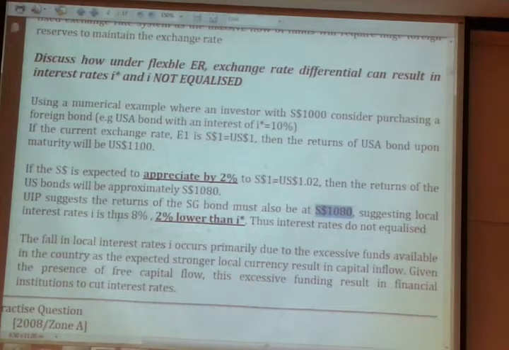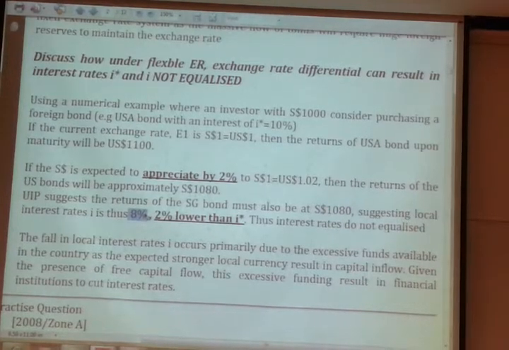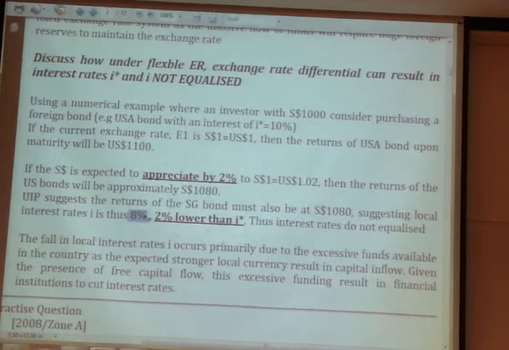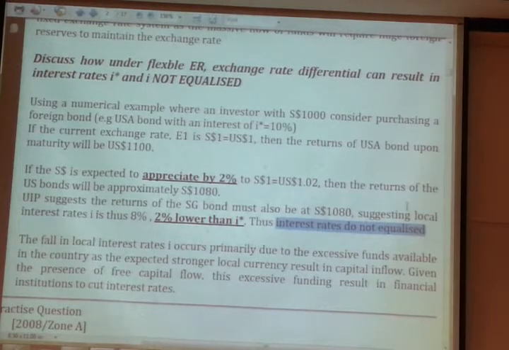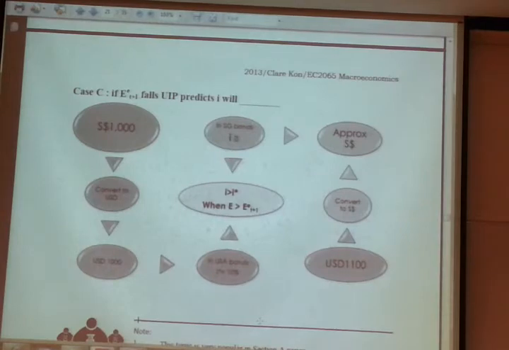Therefore, the interest for the Singapore bond must be 8%, which is exactly 2% lower than the US bond. And therefore, the interest rates do not equalize. So look at these two paragraphs of explanation. It was exactly this flow diagram.